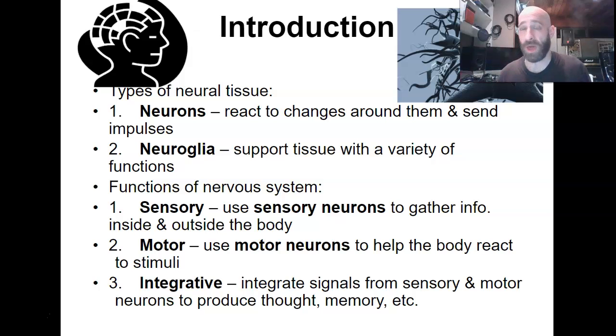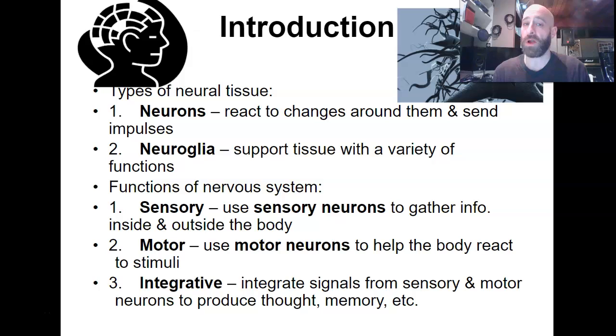That's the only way we can take information from the outside world. So when we react to our environment, we're taking it in through our sensory neurons. That's the job of your sensory nervous system. It takes information from the inside and outside world, inside your body and outside of it, and it sends it to the brain or different parts of the body to be interpreted.